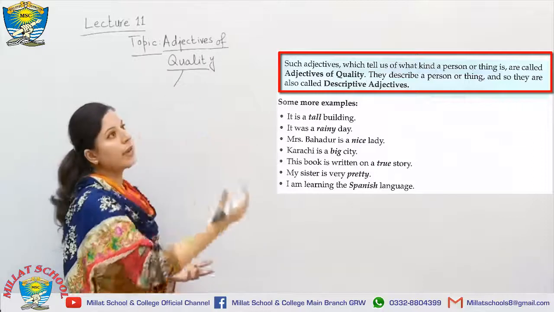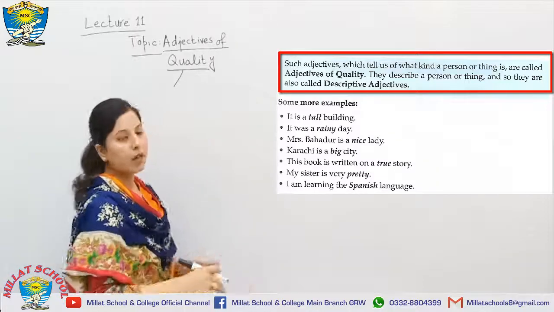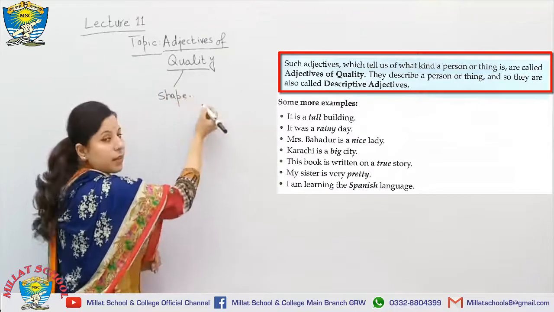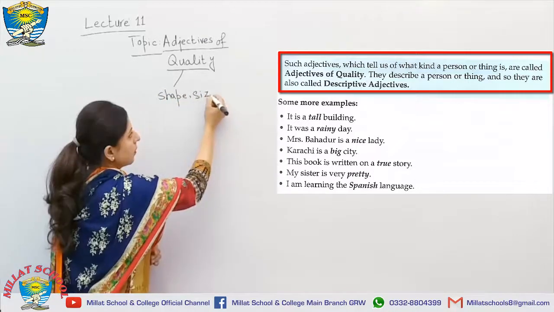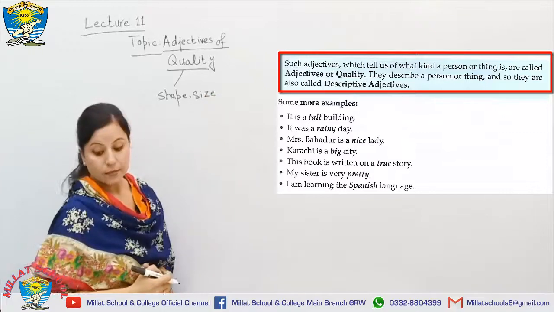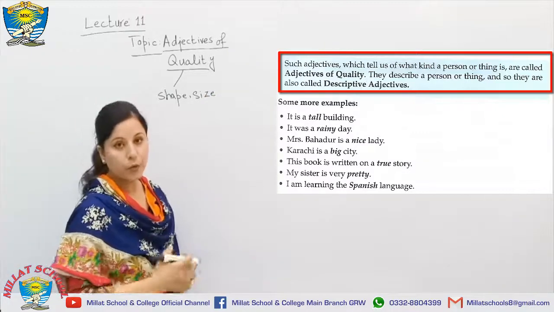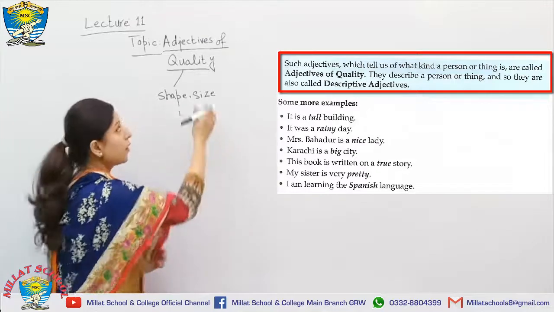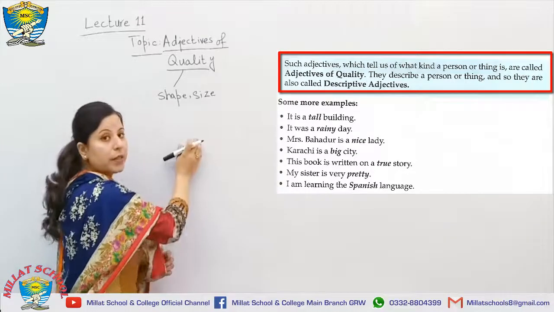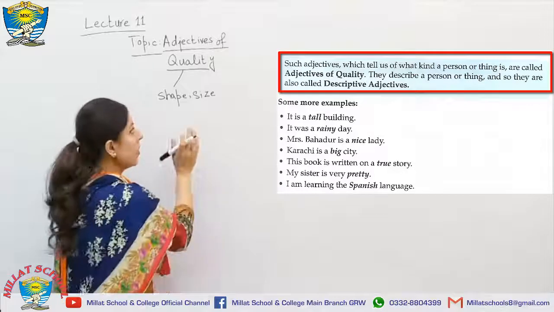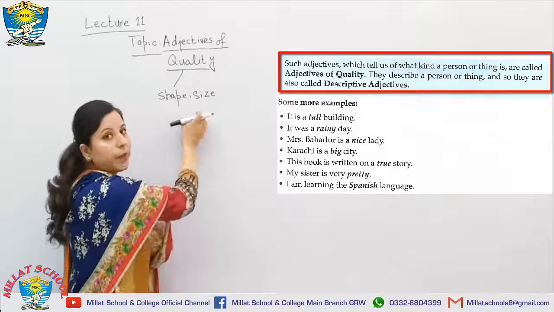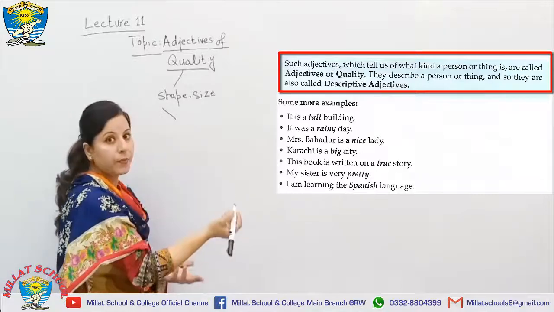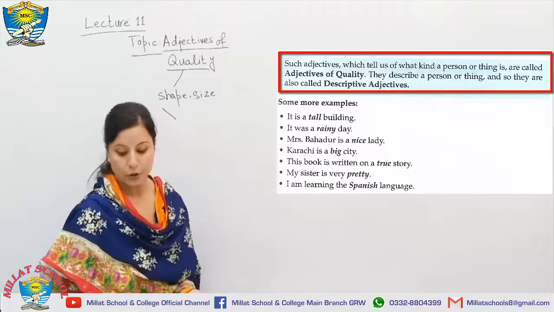When you buy anything, you see its shape, its size, and moreover you want to express it. This is the expression of the quality. You will first select something from a quality, that is shape and size. You are able to select something of the color of your choice.